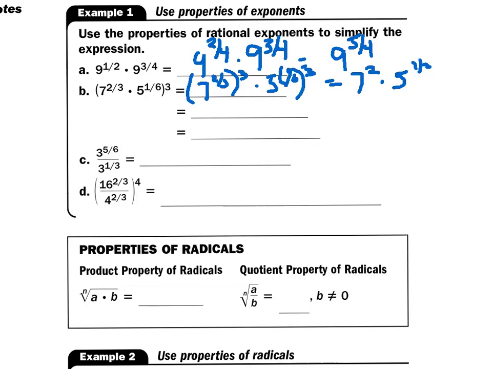So that'd be 49 times 5 to the 1/2. Can't do anything with the 5 to the 1/2. Okay, on C, it's division, so we just subtract. So 3 to the 5/6 minus 2/6 is 3 to the 3/6.